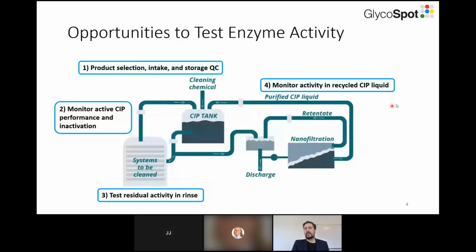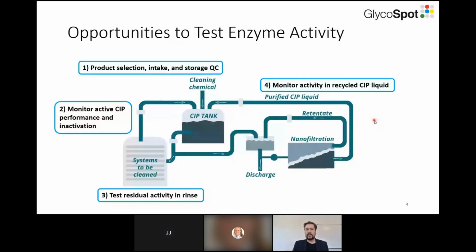And then a fourth case, which may be interesting if you are recycling your CIP solutions. In the case of cleaning a very heavily contaminated or a very dirty system, maybe the cleaning solution is too dirty to recycle. But if you're just doing routine cleaning and it's a relatively light cleaning, it may be interesting to save the cleaning solution and recycle it.